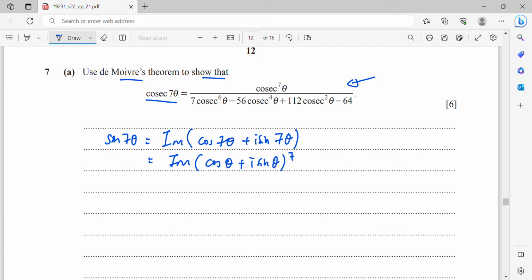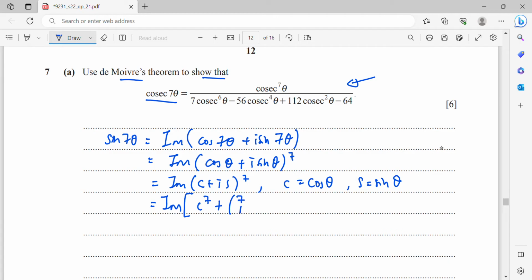7. Okay, so instead of writing cos theta plus I sine theta, I will let it be C for cos and S for sine. Alright, so I will define here first, then it will be easier. So now, for degree 7 of C plus IS, I'm going to use the binomial expansion. So binomial expansion, first term, C power 7, then 7C1, or you can write it either way.